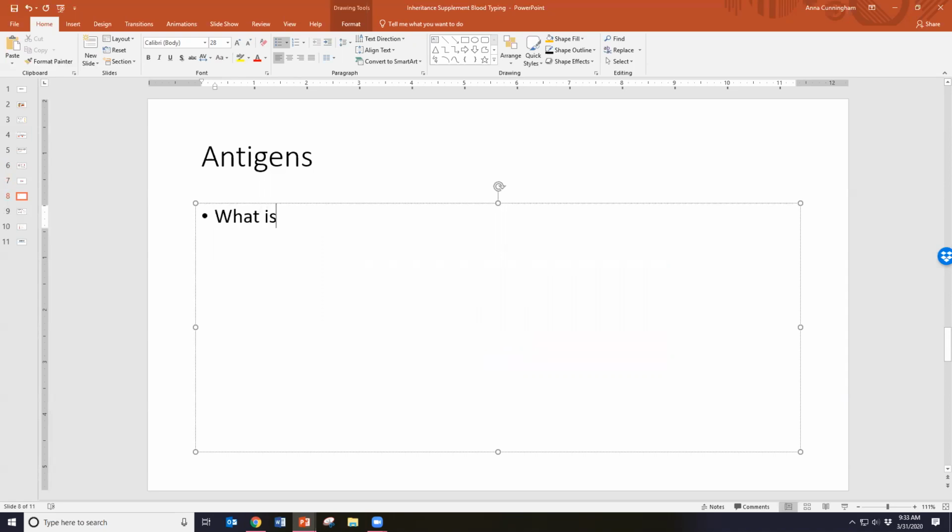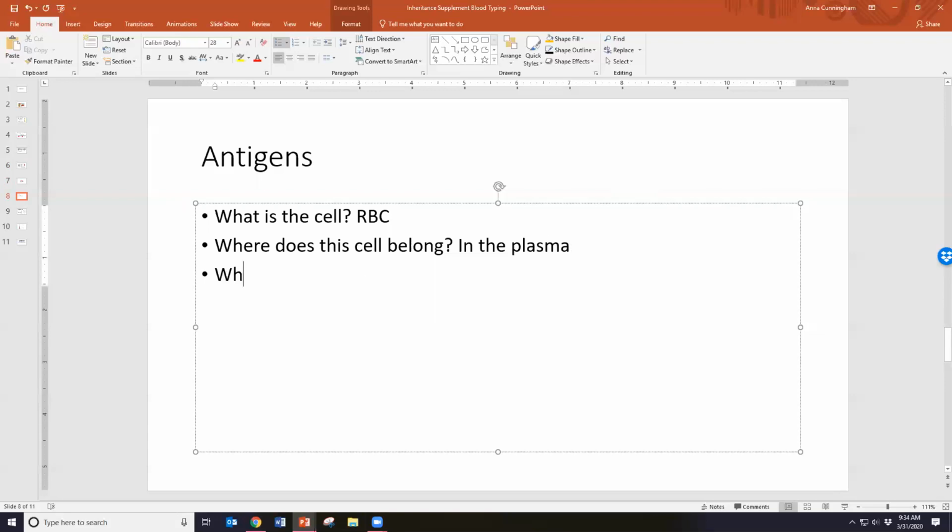What is the cell? It's a red blood cell. Where does this cell belong? In the plasma. And whose cell is this? That's your type. So antigens are not so much protective as they are for identification.